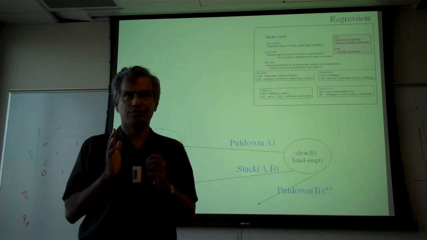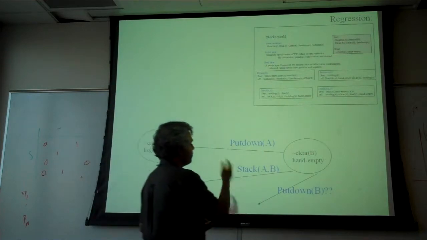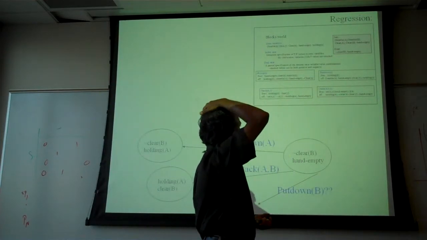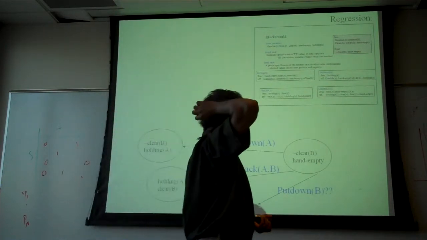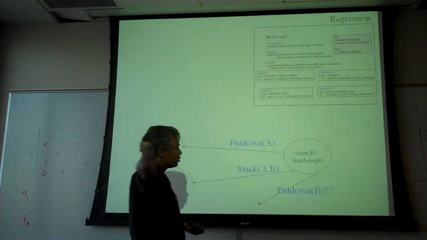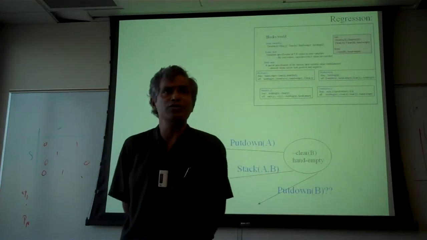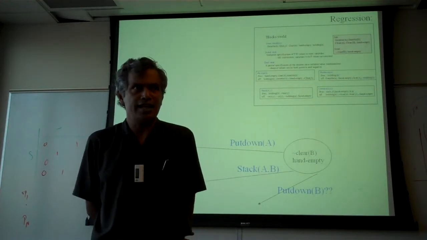This is regression. By the way, what I'm interested in in this case, I told you my problem. My problem is A and B are on the table. A is clear, B is clear, hand is empty. And in my partial assignment, the only thing I care about is that B should not be clear and hand should be empty. First of all, can you solve this?